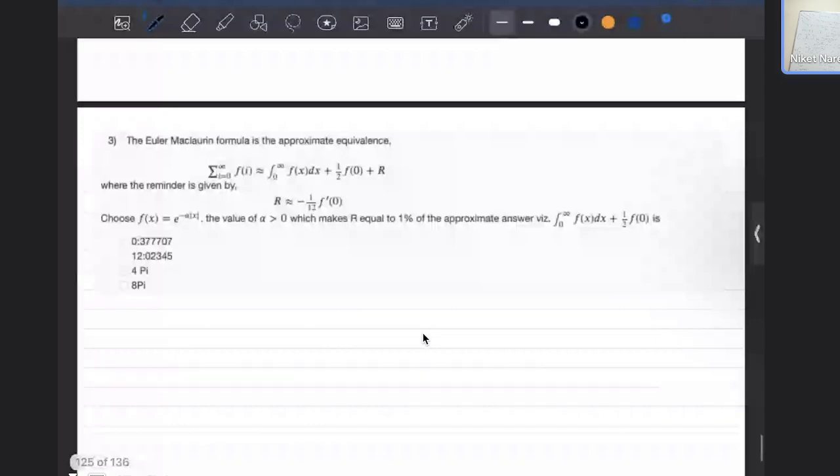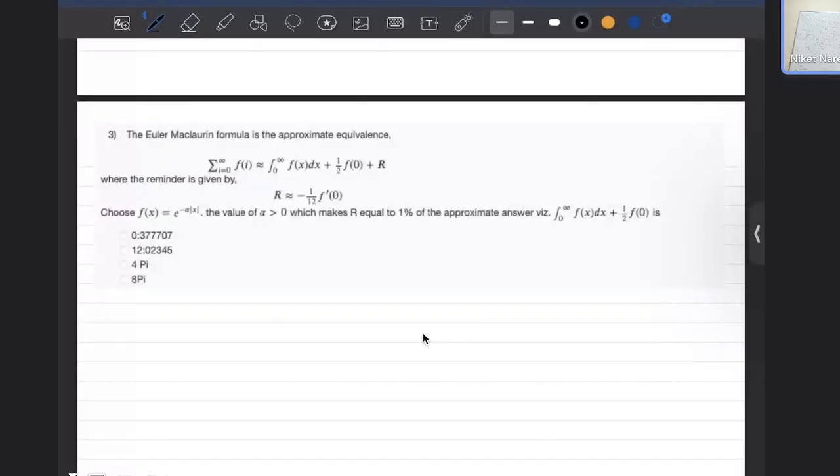Third question: the Euler-Maclaurin formula is the approximate equivalence of this. The summation is basically an integral plus the function at value 0 plus some r, the remainder part, which is given by this expression. So what they're saying is choose some function f of x equal to this.